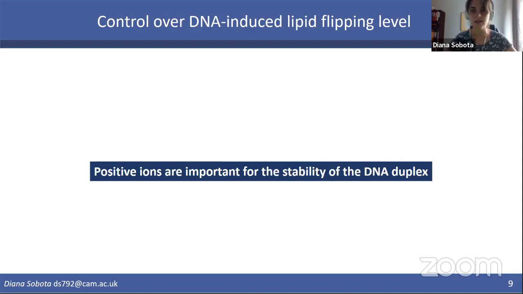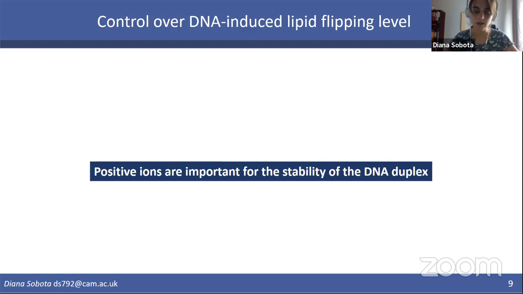In fact, I would say ions are one of the most crucial parts of controlling what happens in the membrane in this system. And because of that, it's very common that whenever one designs a structure and works with DNA, we have a set of very standard characterization methods, and we usually test our structures in different concentrations of ions.